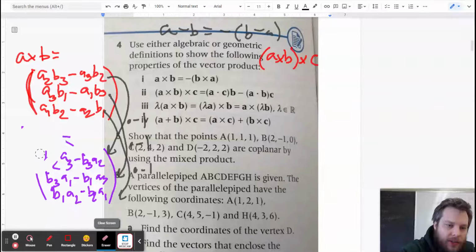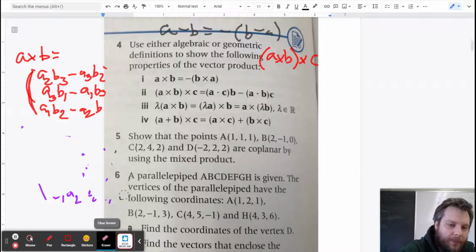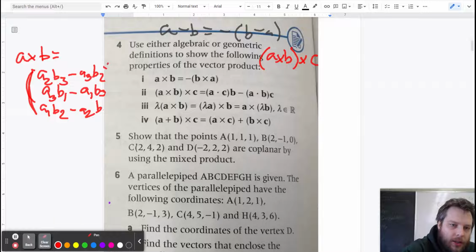So I'm going to erase a little bit just to clear things up. Okay, so now what I'm going to do is, this is like our first component, this is our second component, and this is our third component.